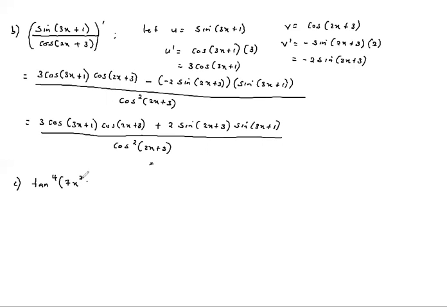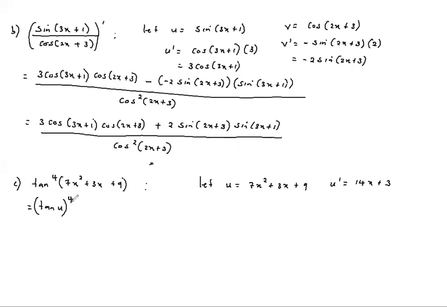7x squared plus 3x plus 9. So here, you let u be 7x squared plus 3x plus 9. Then differentiate u. You will get 14x plus 3 using power rule. From there now, you come back and write this as tan u to the power 4.